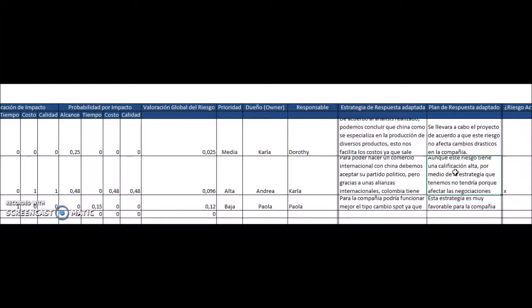And as a response, even if this risk has a high qualification, through this strategy we won't be affected by this factor. The political factor won't affect the negotiations between the two countries.